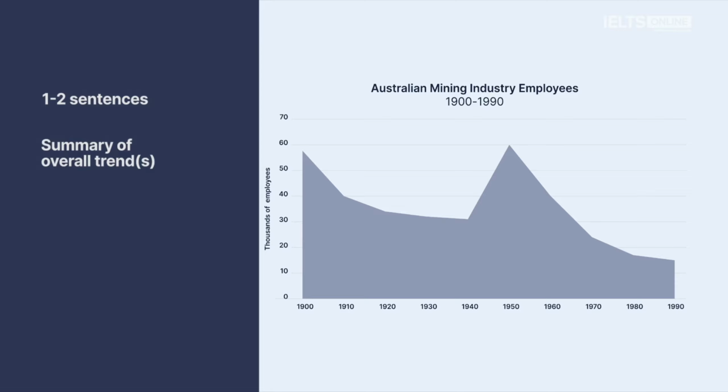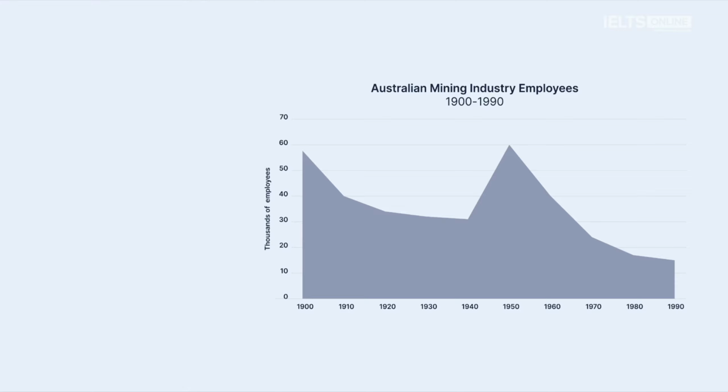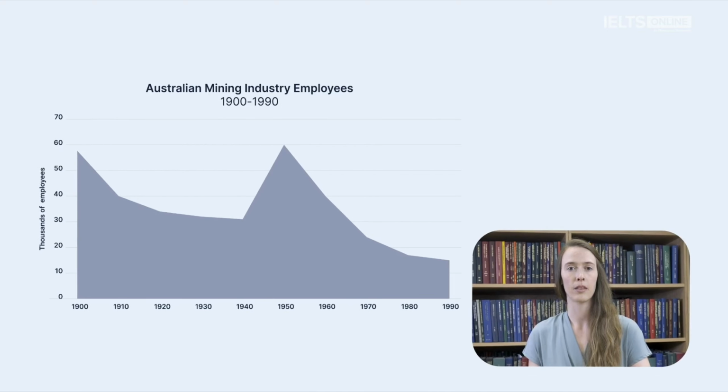In order to write the overview, you must identify the overall trend in the visual. What is the overall trend? Well, this means the main detail in the visual. As this is a line graph, you are looking for the main change over time.